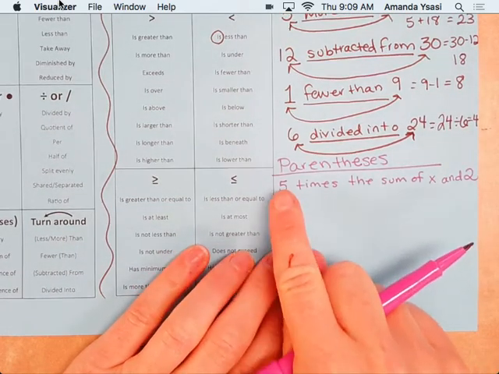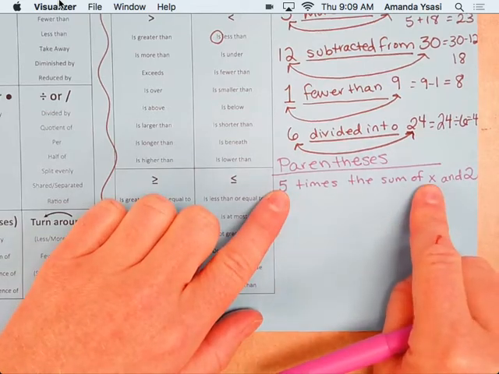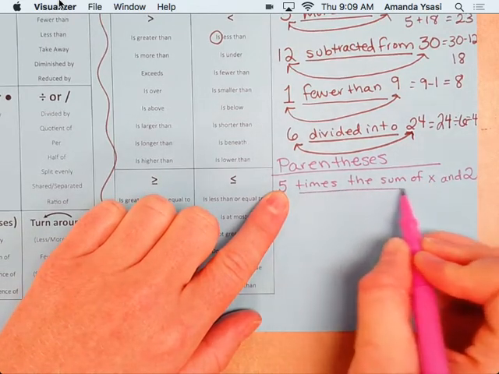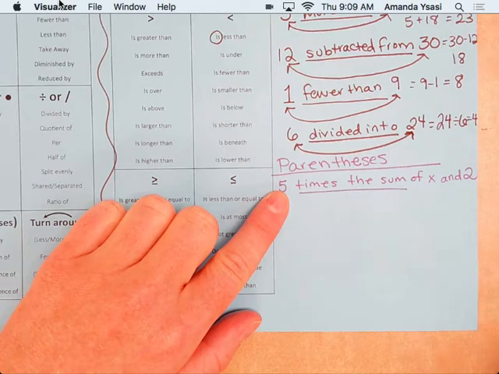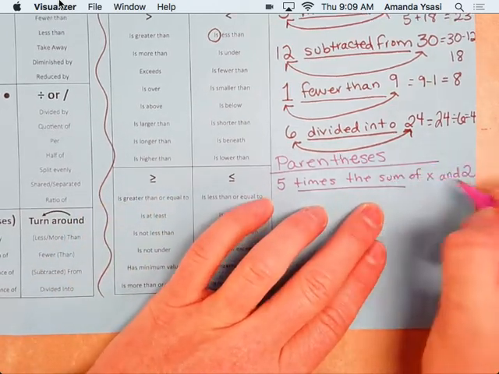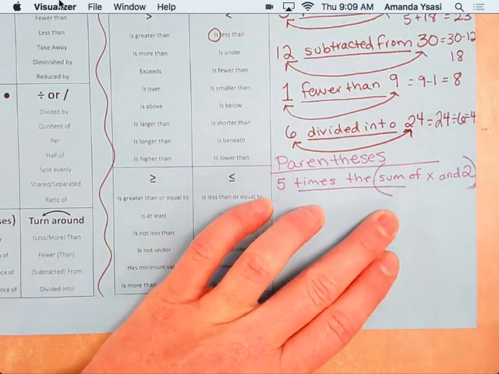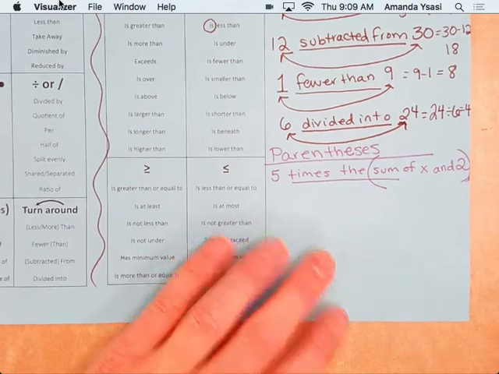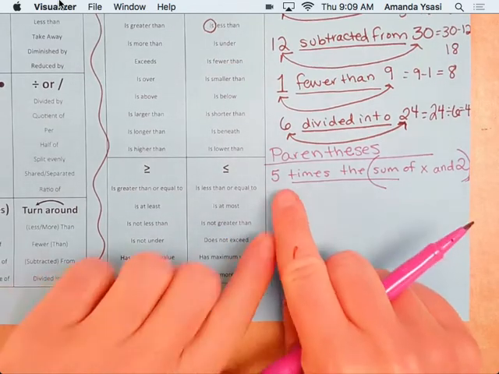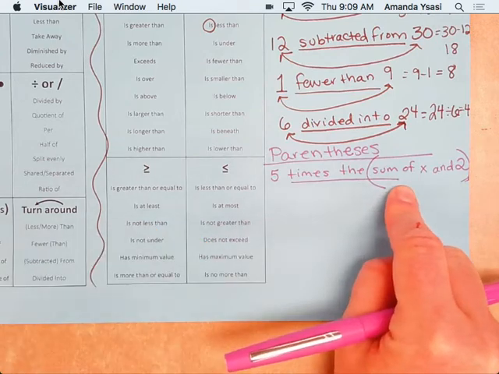So whenever it says 5 times the sum, it's not saying 5 times x. It's saying 5 times the sum. So you're multiplying 5 times the sum of x and 2. The sum of x and 2 would be basically in your parentheses. It's not saying 5 times x. It's saying 5 times the sum.